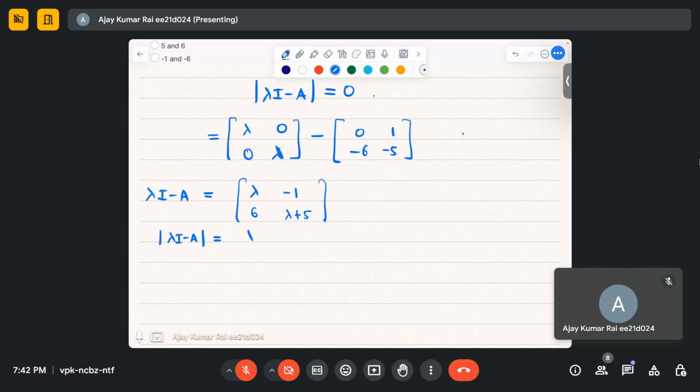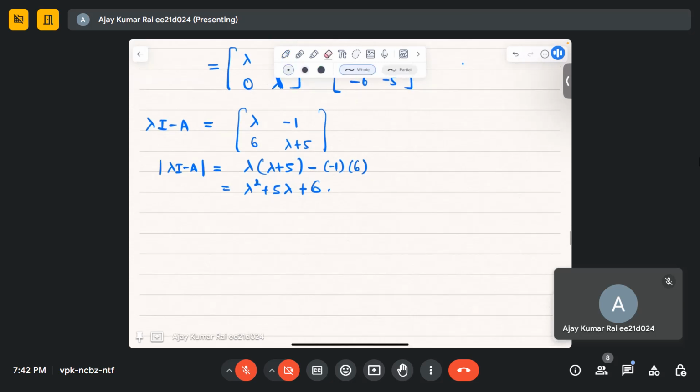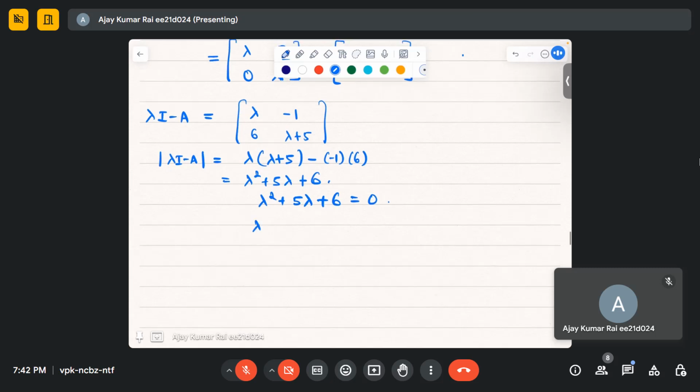So we get lambda into lambda plus 5 minus 1 into 6, which is lambda square plus 5 lambda plus 6. And if you find the roots of this equation, the roots of this equation are the eigenvalues of the state matrix. So what are the roots?